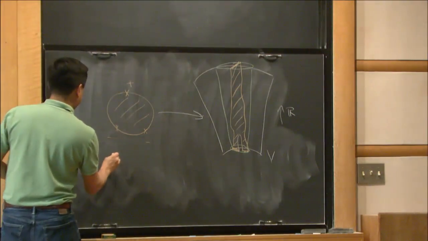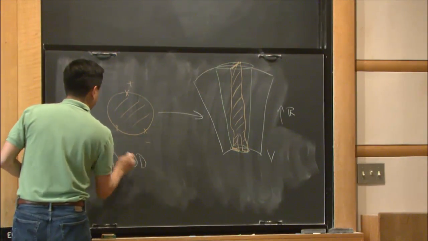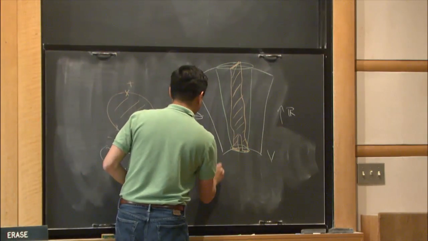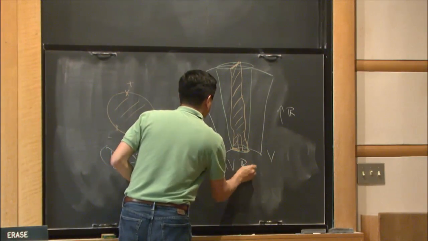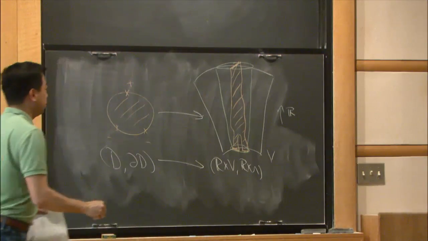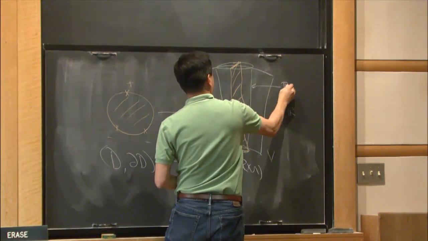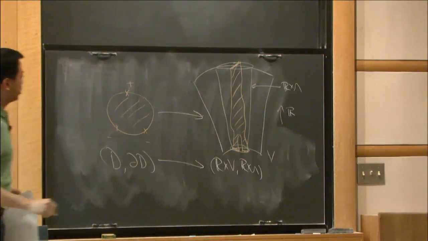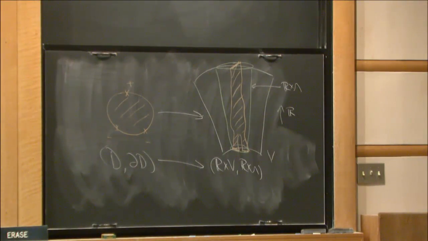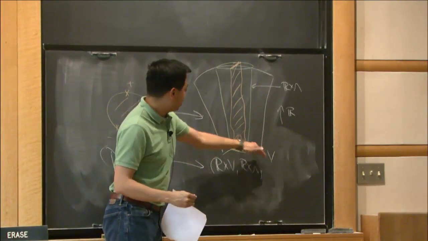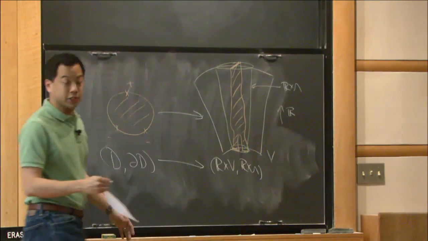This is a picture that maps the 2-disk and its boundary in a holomorphic way into R cross V, R cross lambda. So this thing that looks to me to be green is the cylinder R cross lambda. And V is, I've drawn it a little bit curvy, and here's the R direction.